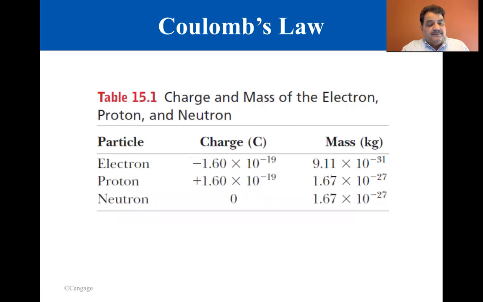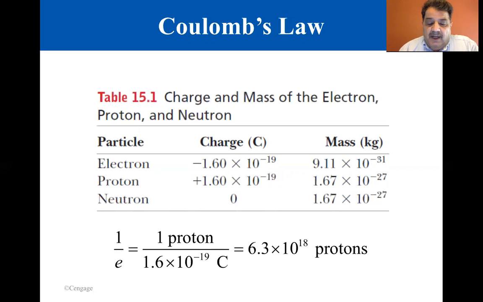Okay, this table lists the charges and masses of the proton, neutron, and electron. As you can see, the charge on the proton has a magnitude of e equals 1.6 times 10 to the minus 19 coulombs. That means it would take 1 over e, or 6.3 times 10 to the 18 protons, to create a total charge of plus 1 coulomb. 1 coulomb is a very large amount of charge.